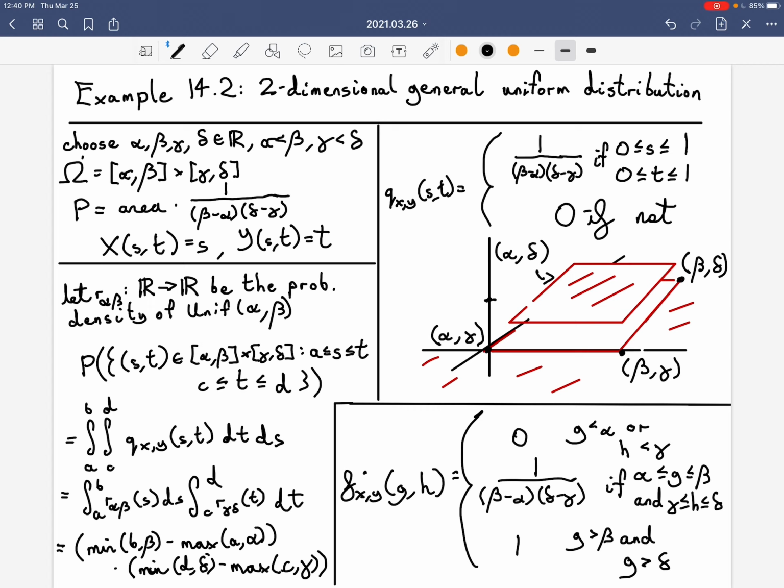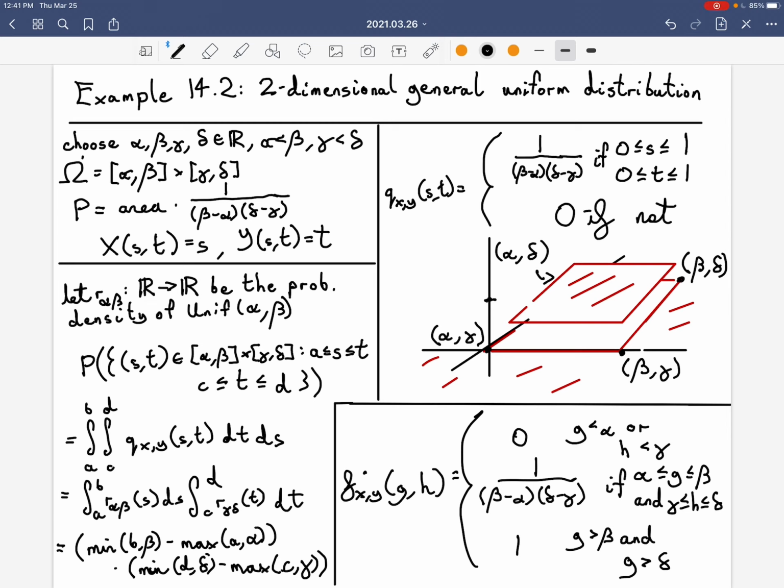I'm going to couple two copies of the general uniform distribution to produce a two-dimensional general uniform.